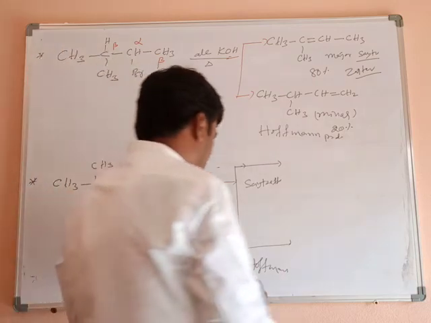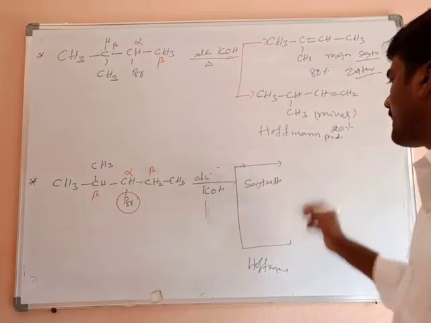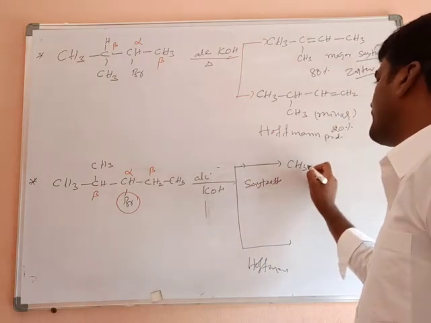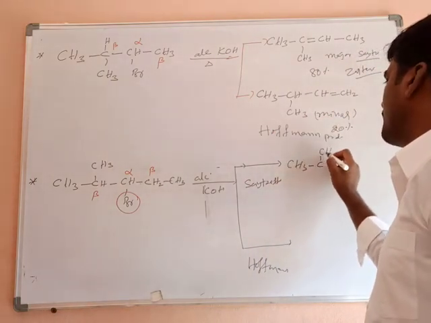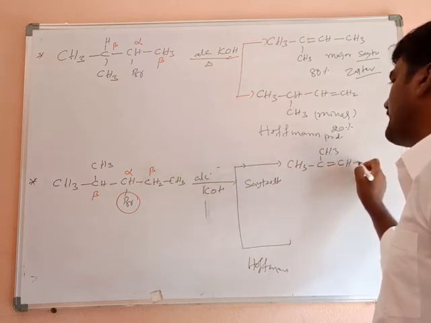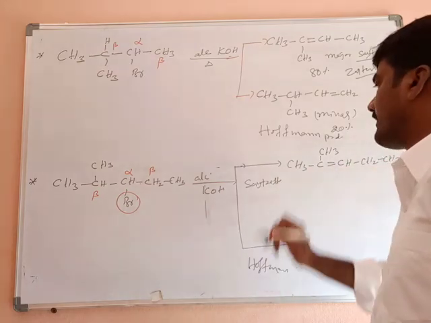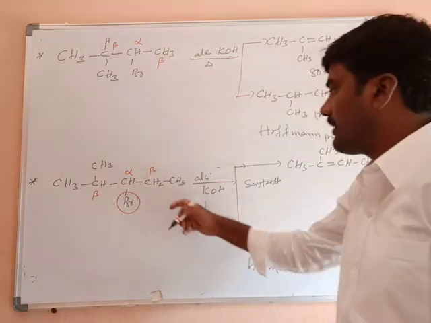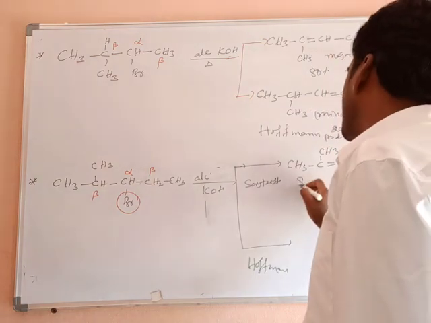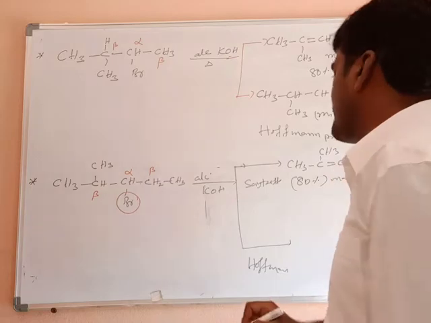Now the Saytzeff product: the hydrogen atom is eliminated from the left side beta carbon. So CH3, single bond, C, single bond, CH3, double bond, CH, single bond, CH2, single bond, CH. This is the Saytzeff product. What about the Hofmann product? This is about 80% will form. This is the major product. Next, the minor product.